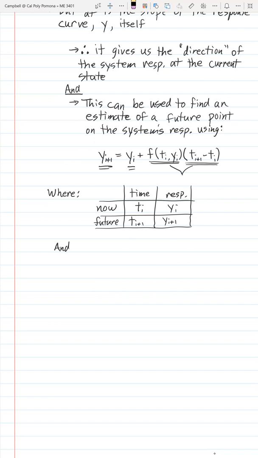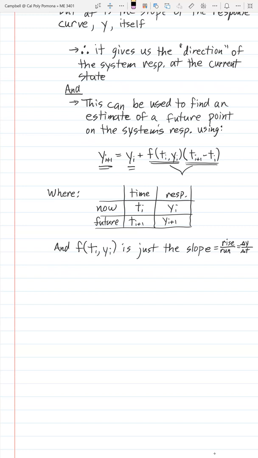So here, capturing conceptually what is going on, f of ti comma yi is just the slope, i.e. rise or delta y, over run delta t, where delta y, of course, would just simply be yi plus 1 minus yi, and run would just be ti plus 1 minus ti.